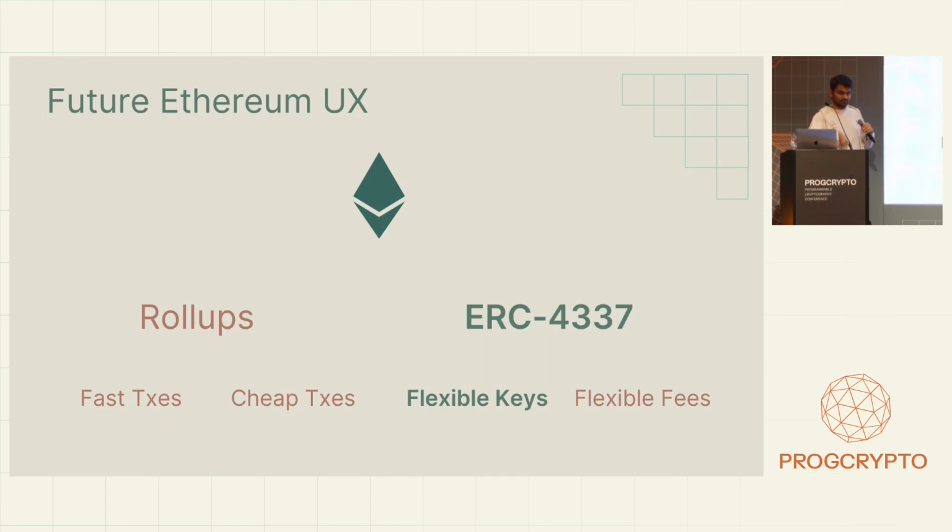The ways that enable Dymo in particular are having fast and cheap transactions, and having flexible account logic. In particular, this enables flexible keys as well as flexible fees. Today, I'll be talking specifically about how flexible keys enabled by account abstraction are very useful for secure self-custody.